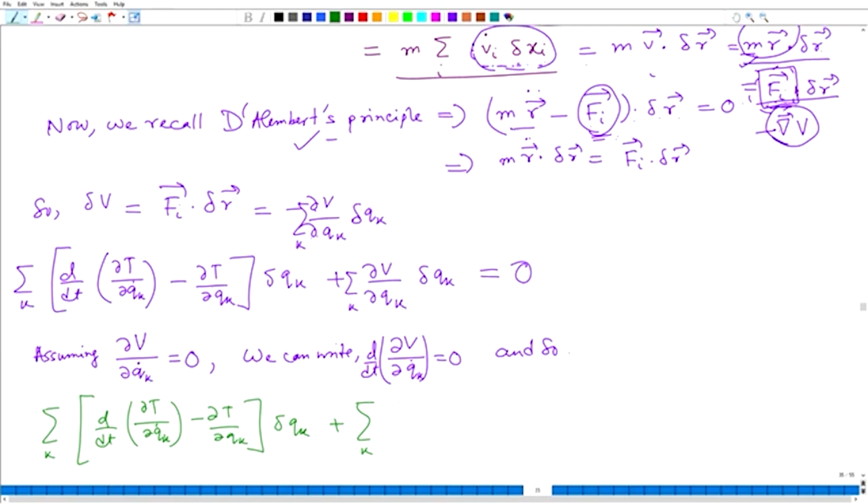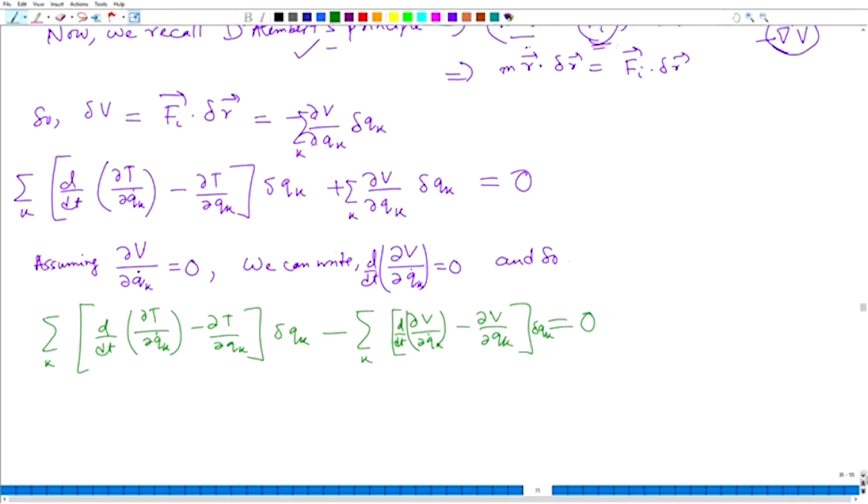I have again minus, so I will now use a minus sign over here, minus d/dt of del V del q k dot minus del V del q k delta q k is equal to 0. Okay.